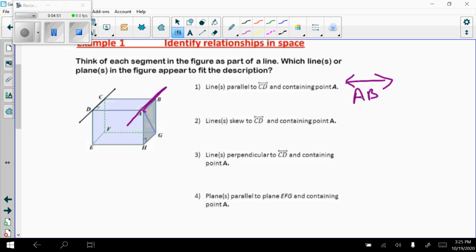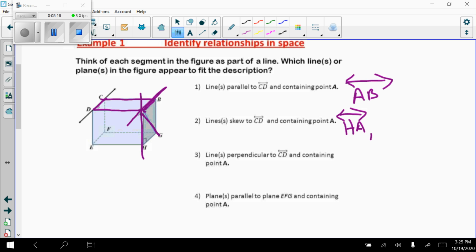Number 2, lines skew to CD and containing point A. So skew means that they're not going to be in the same plane as CD. So anything that's not in the plane at the top. So let's see, I could have this line HA. So HA is not in that same plane.